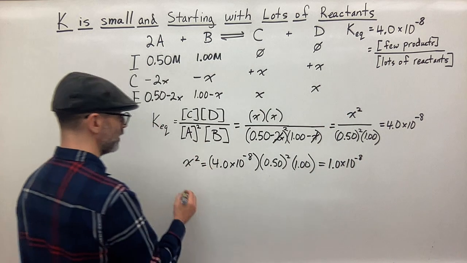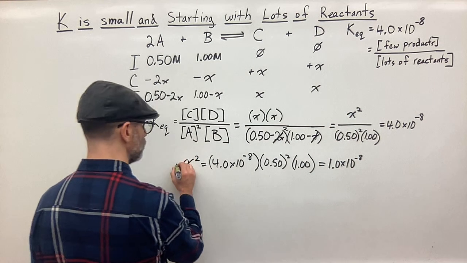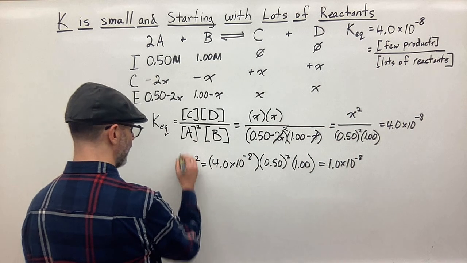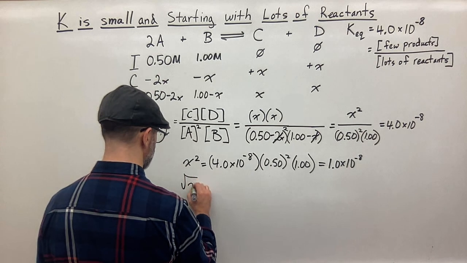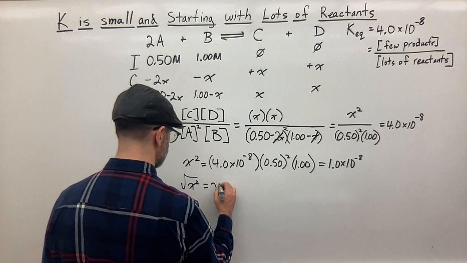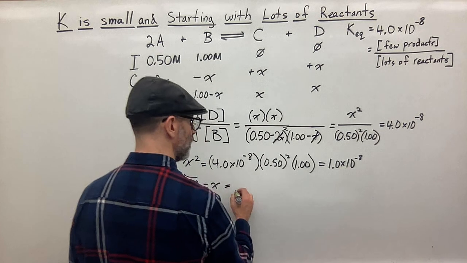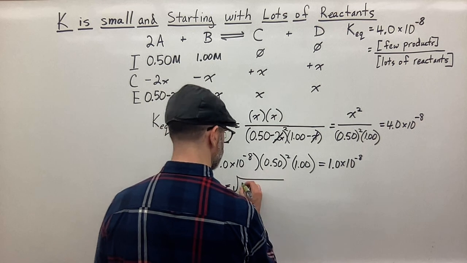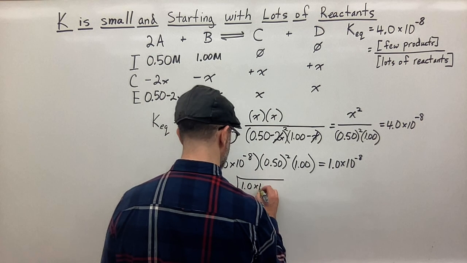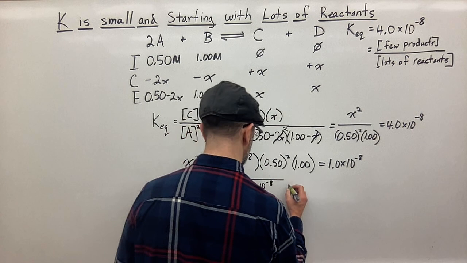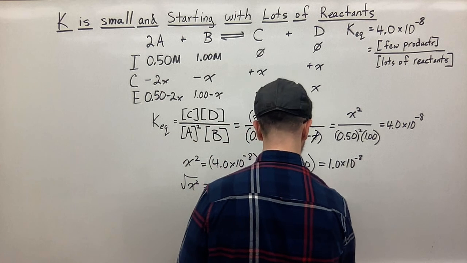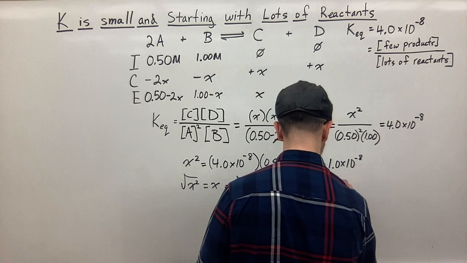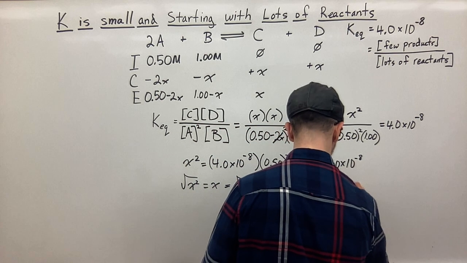And then you take the square root of that. So the square root of x squared is equal to x. That's going to be equal to the square root of 1.0 times 10 to the negative 8, which then becomes 1.0 times 10 to the negative 4 molar.